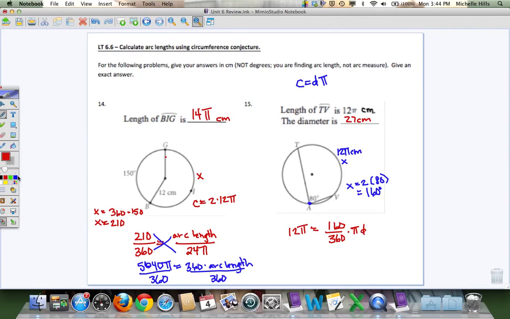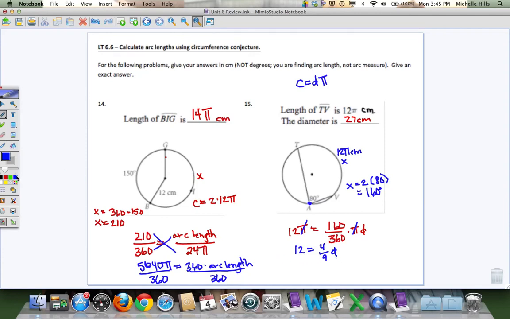I could have then, if I wanted to, divided both sides by pi to get rid of the pi. I could have simplified the 16 over 360. If I did that, I'd end up with 8 over 18, which is 4 over 9. So I'd have had 12 equals 4/9 times the diameter.